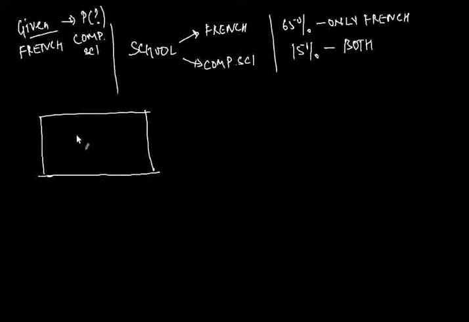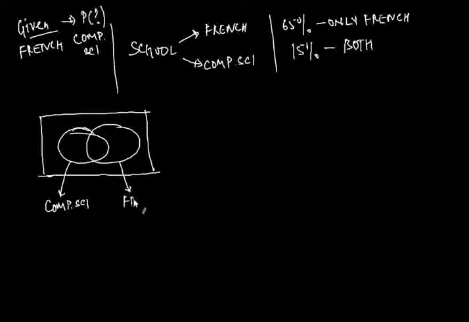Let's suppose this is a set of students, and some of them study computer science. This is the set of students who study computer science, and then there is a set of students who study French. Now, I'm not going to just solve the question for you. We're going to solve it together.